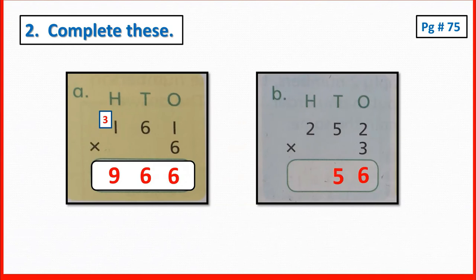So write 5 in the tens column and convert 1 hundred. Lastly, multiply the hundreds. 3 twos are 6. Remember to add the 100 converted from the tens. 6 plus 1 equals 7. So the answer is 756.